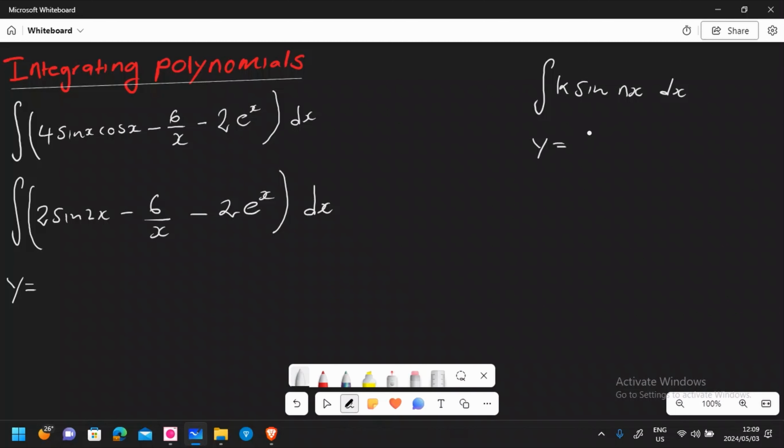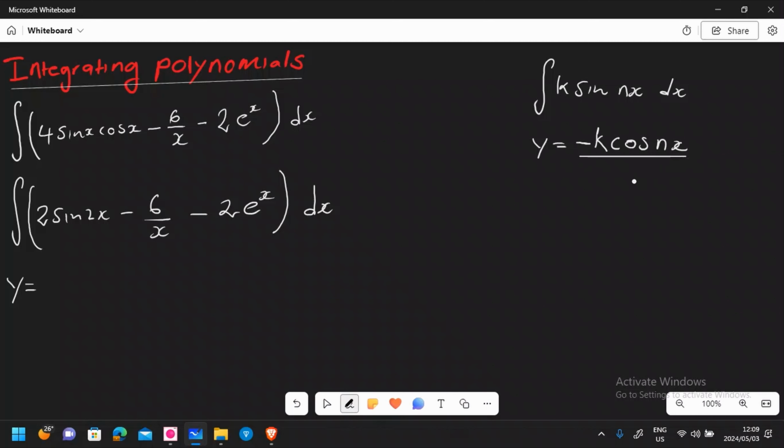So I hope you guys understand. This k here is a coefficient, so it's going to remain as a coefficient, but don't forget that we have a negative. That's the integral of sine, so it's going to be negative k, which is the coefficient, and then cos nx. And then don't forget, now we have to divide by the coefficient of x, which is n, plus c.